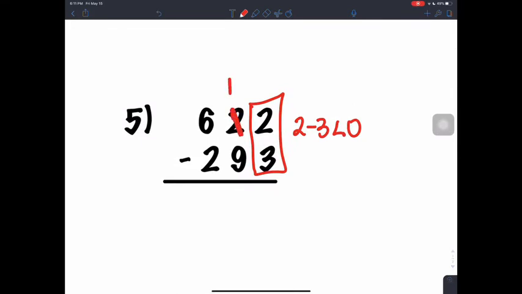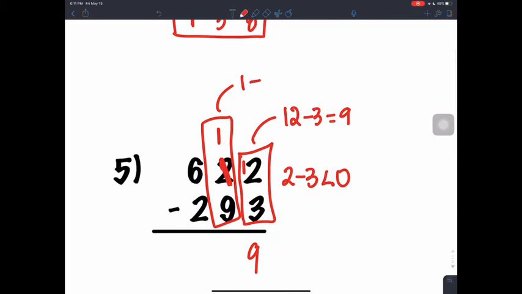This becomes a 1. Then the 1 turns this 2 in this column into a 12. So then we have 12 minus 3, which gives us 9. And then in this third column, we have 1 minus 9, which gives us a number less than 0.